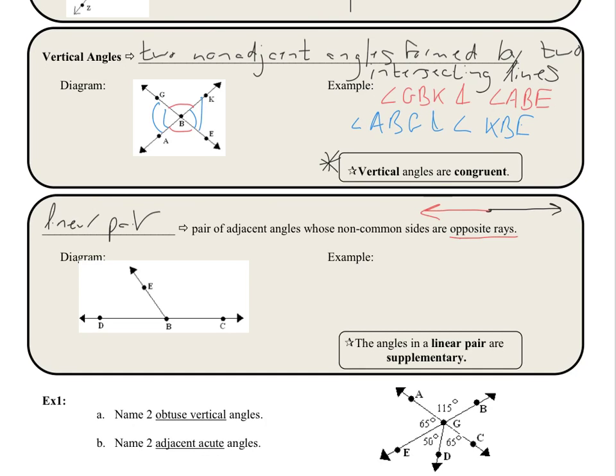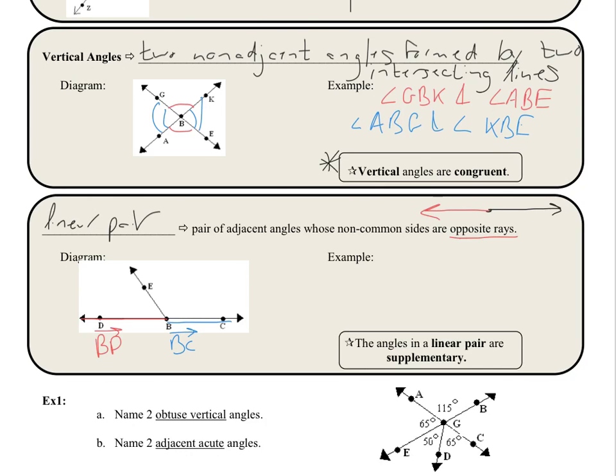Now when we look at our diagram, we are given two different angles with one opposite ray. So in this case, the opposite rays are going to be BD and BC. So we have ray BD and we also have ray BC.